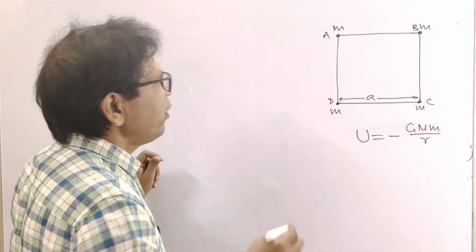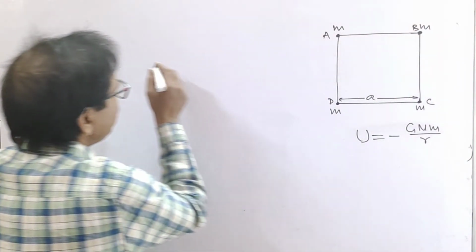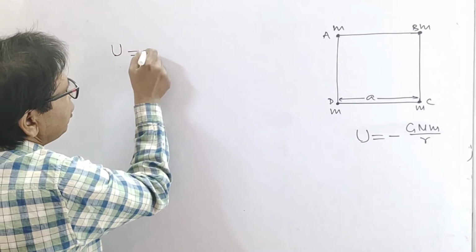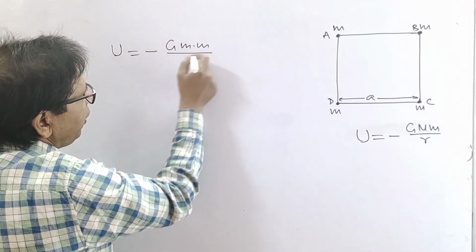Now look at this, the potential energy between this mass and this mass is minus G M into M divided by A.